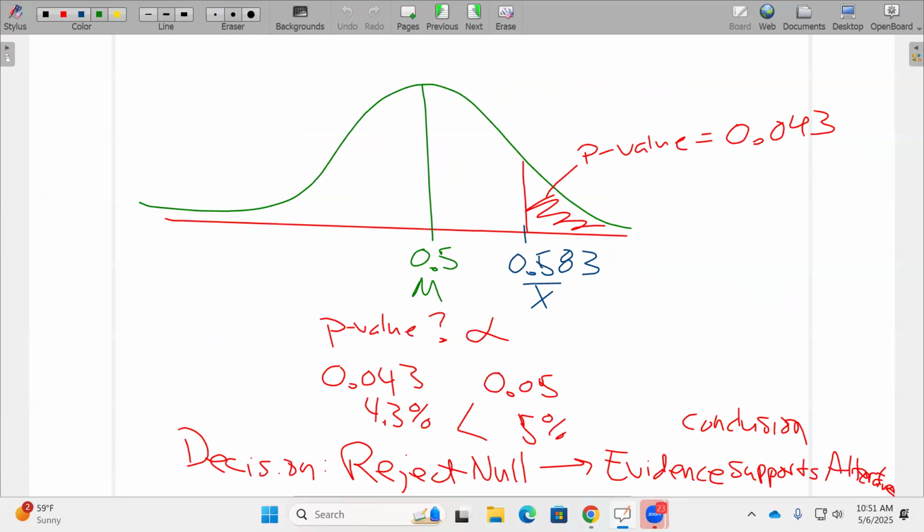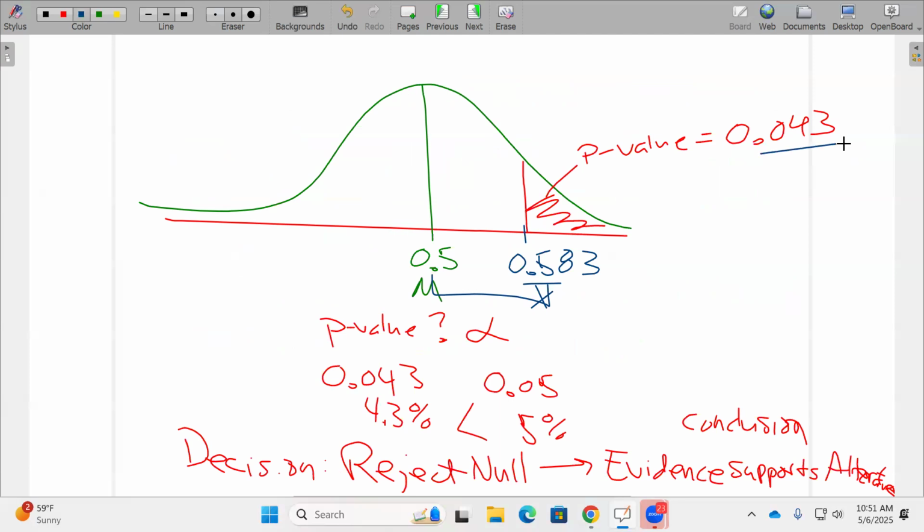No, we're not doing a confidence interval, so that's different. All we're doing is trying to figure out what is the probability that these two numbers could be farther apart. And what we found is the probability they could be farther apart is about 4%.